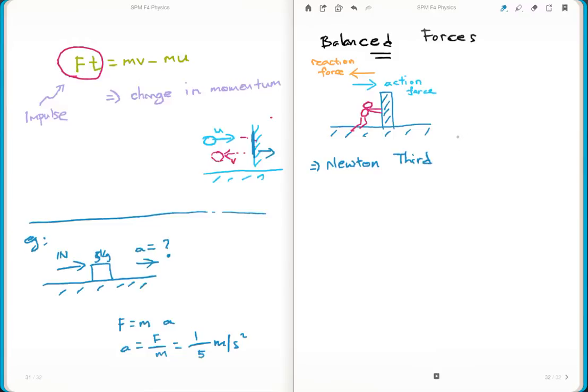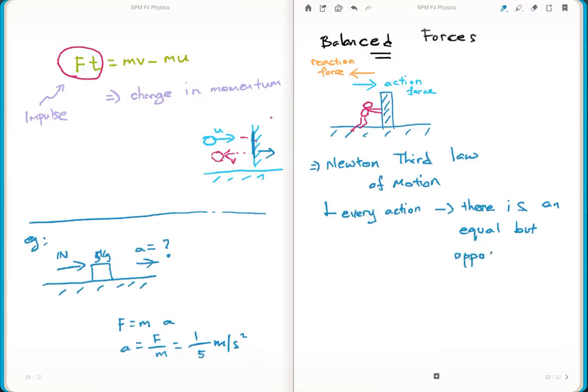Actually, Newton's third law came out earlier in my previous video on the explosion. Left and right the same. Yeah? Newton's third law of motion. What does it say? In every action, there is an equal, from the diagram, an equal but opposite reaction force.